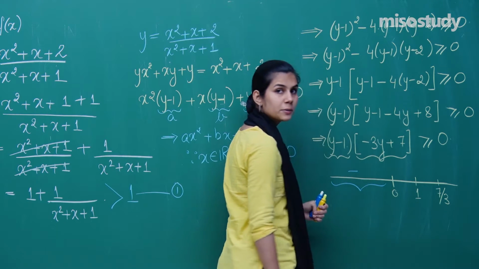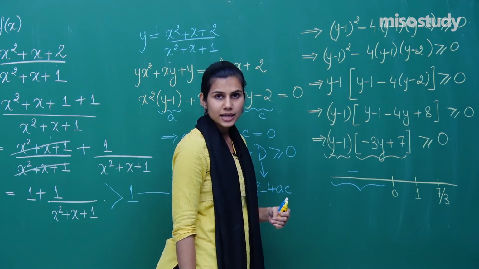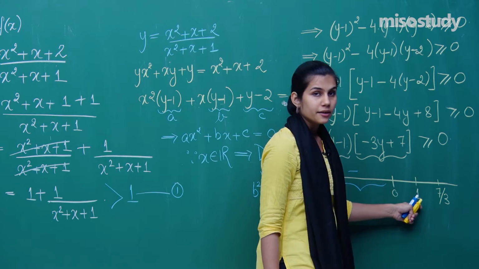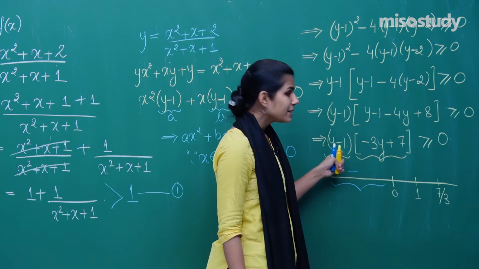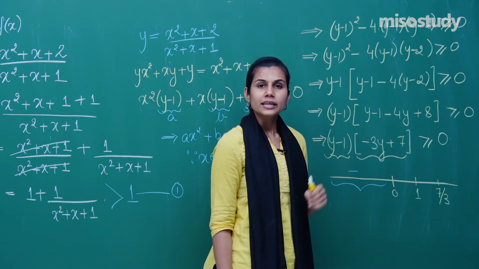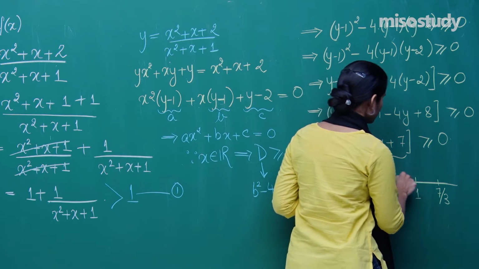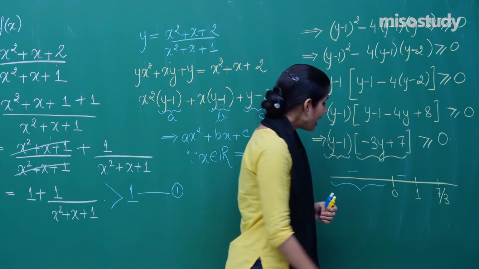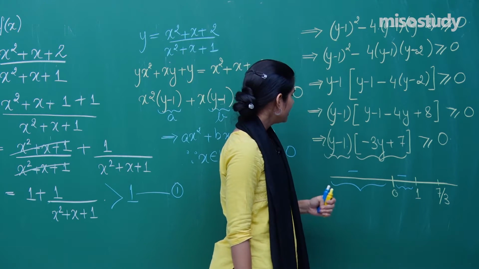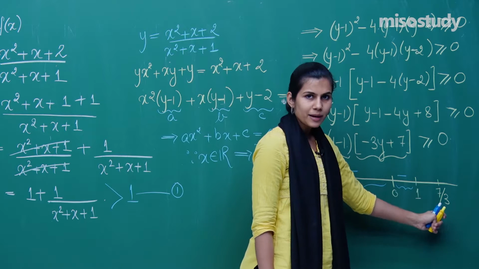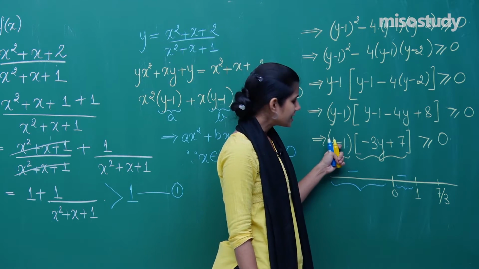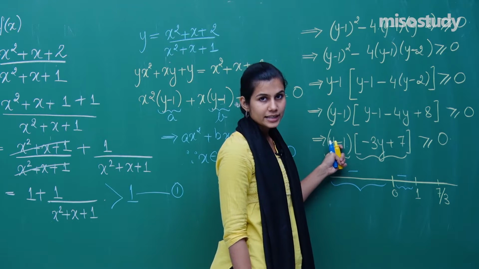If I move from 0 to 1, members which are less than 1 is again going to deliver to me negative results. If I move from 1 to 7 by 3, yes, from 1 to 7 by 3, the digits in place of this y will be greater than 1. So this expression will be positive or non-negative.